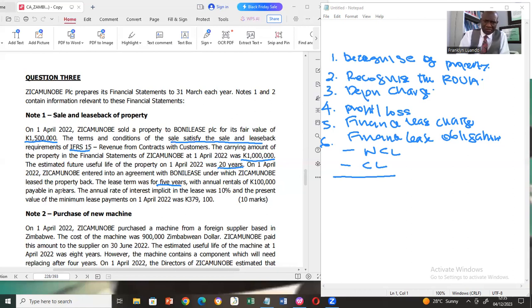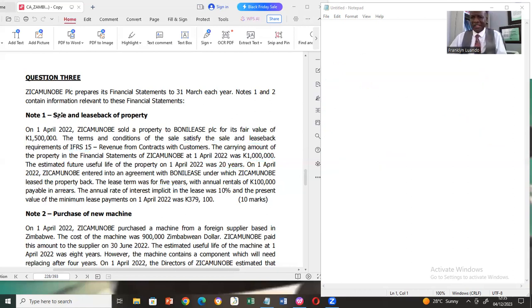So now, the first thing that we are going to do is to determine the carrying value, that is the right of use asset. The right of use asset to be recognized will be the part that has been retained. That part is the lease liability over fair value multiplied by the carrying value of the property.